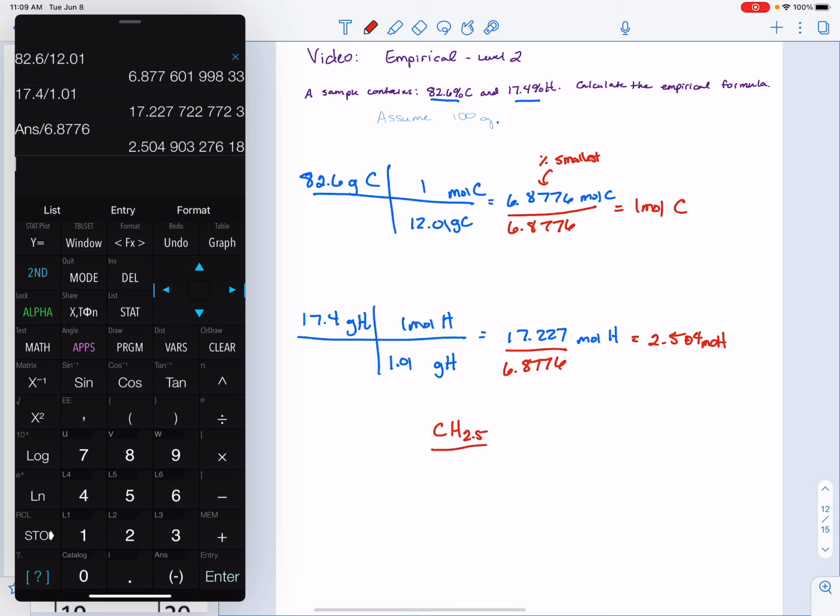And again, we cannot use something that has a decimal in it because it implies that there's half a hydrogen atom, and you can't have half a hydrogen atom. So we need those to be whole number ratios. It just is hard to see the ratio also if they're not whole number ratios. So here's what you do.